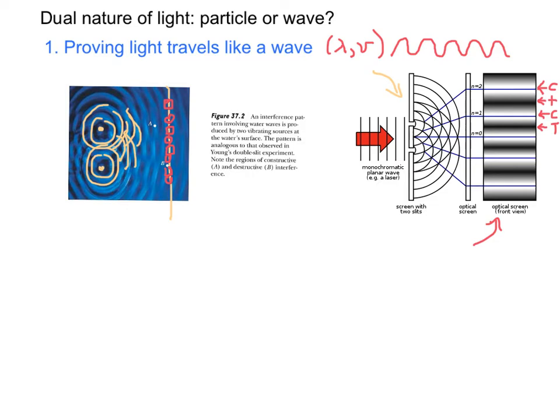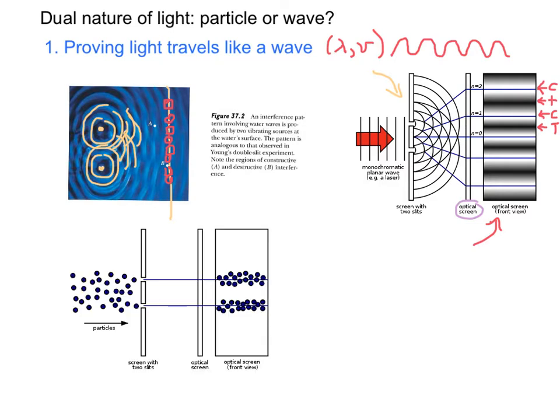And if we put a screen up at the end, where these waves hit, we should get a pattern much like we get with water, where you get a dark spot and a light spot, or a crest and a trough, a crest and a trough. And that's in fact exactly what we get when we shine light through a double slit in a screen and then see what happens on the other side.